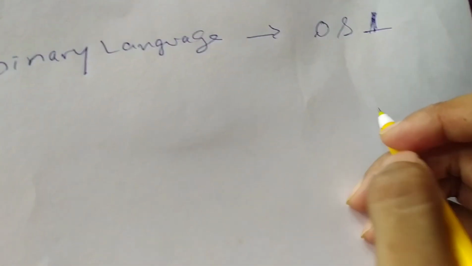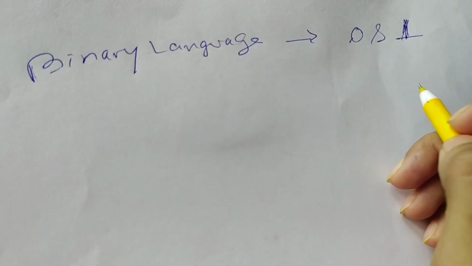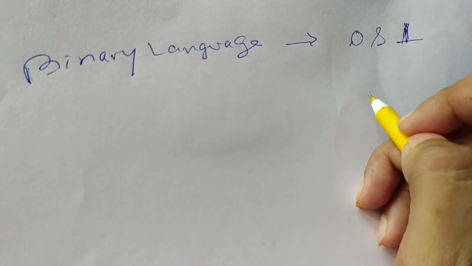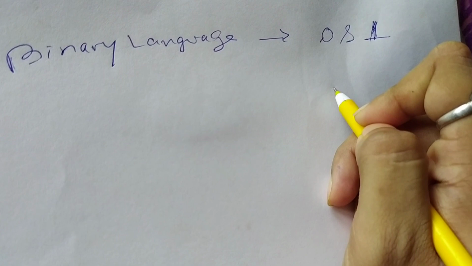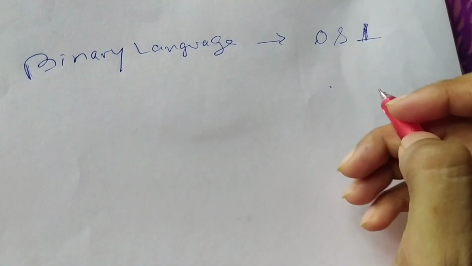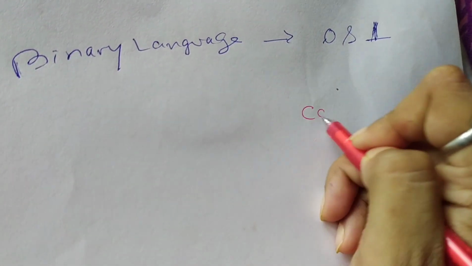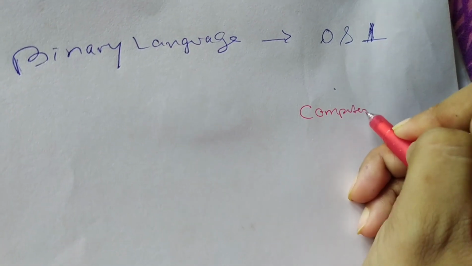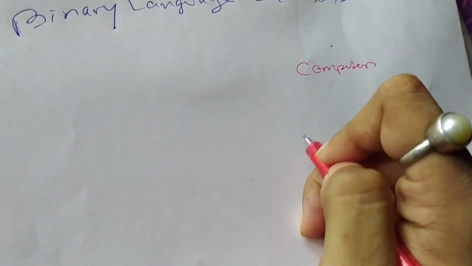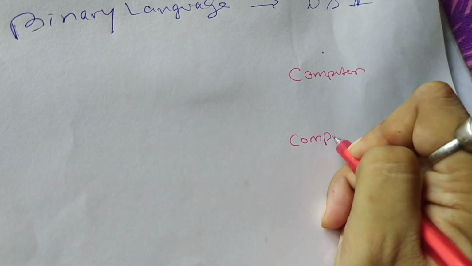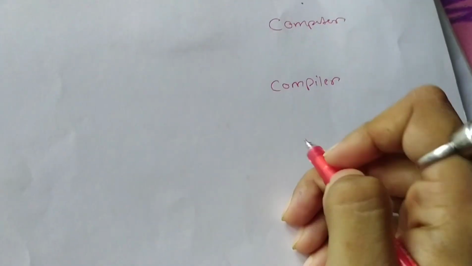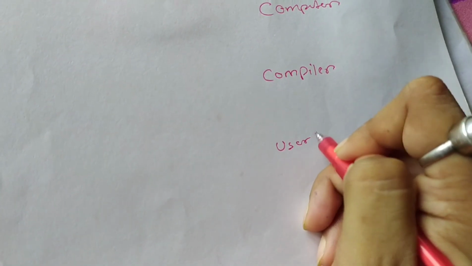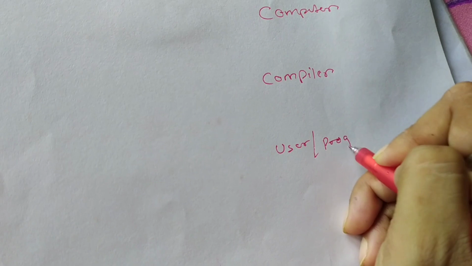I'm writing the flow charts so that you can understand it clearly. Suppose this is a computer, this is the compiler and this is the user or programmer.